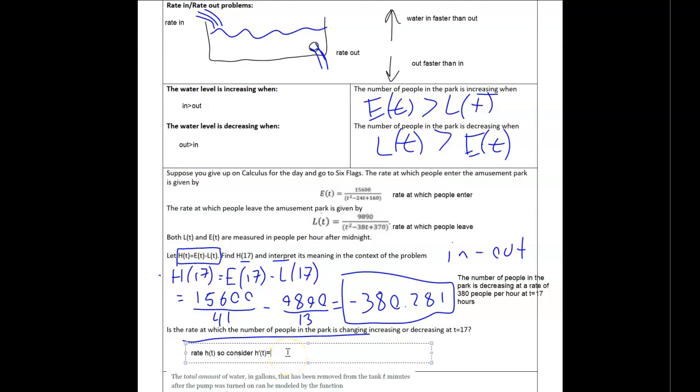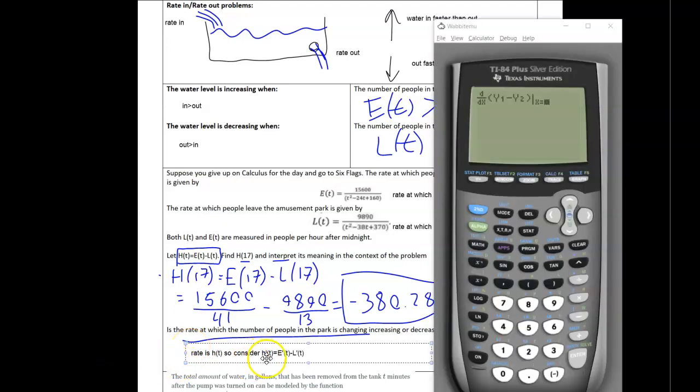And what is h prime of t? Well, h prime of t would be e prime of t minus L prime of t. It would be the derivatives of my original function. So this is hard. So we're looking at how the rate is changing, so we need the derivative of the rate. So if I need to consider that value, I already typed these in, so I can just use math 8 on my calculator. y1 minus y2 is rate in minus rate out.